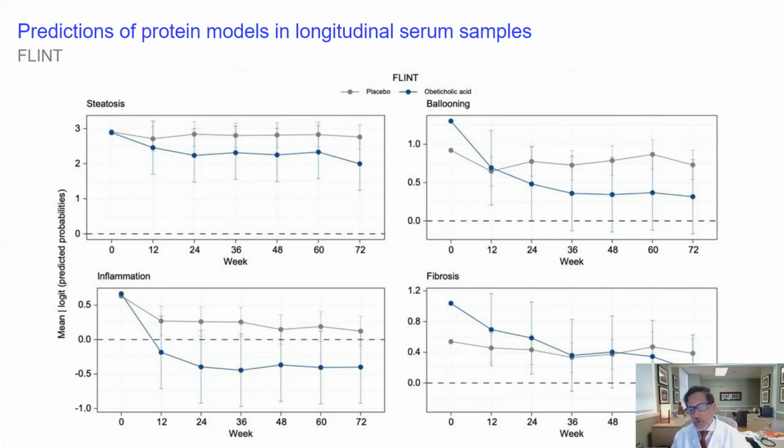And with fibrosis also, at the beginning the fibrosis scores were higher and they trended down over time, so that at week 72, when the biopsy was done, the fibrosis was lower compared to the placebo arm. There is some overlap over here, but basically the trend lines all look like they're moving in the right direction in terms of the ability of the proteomic model to predict the histologic response.